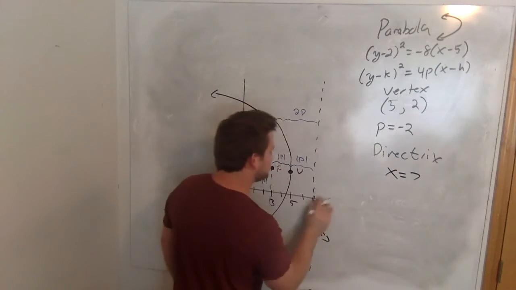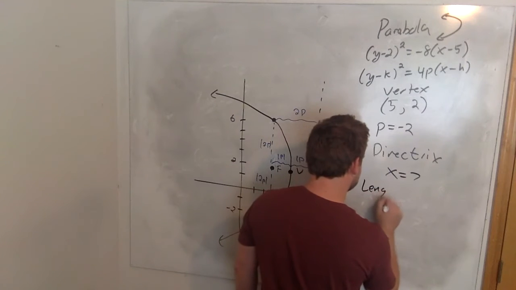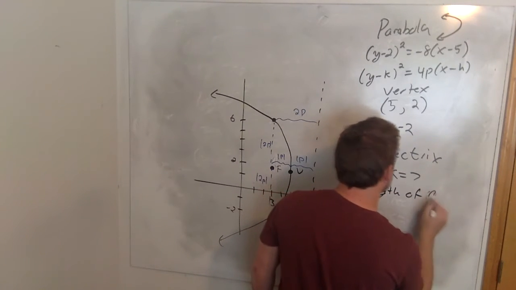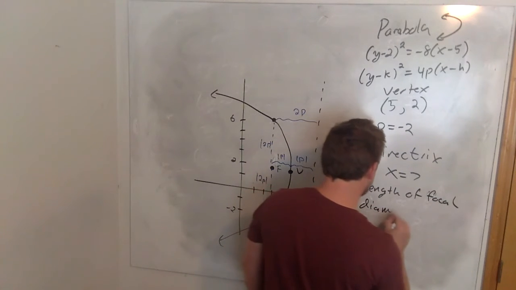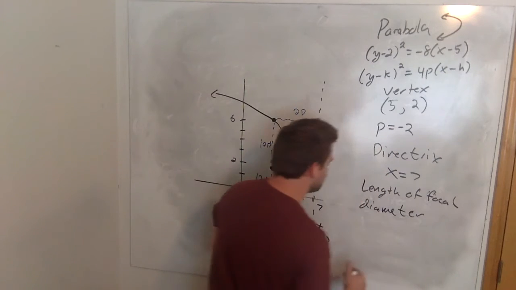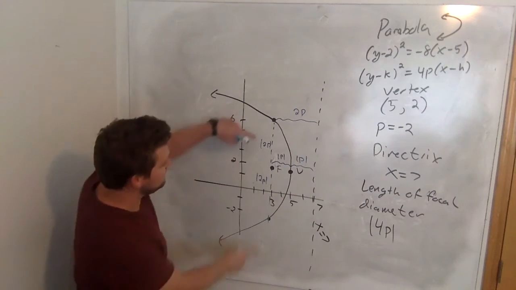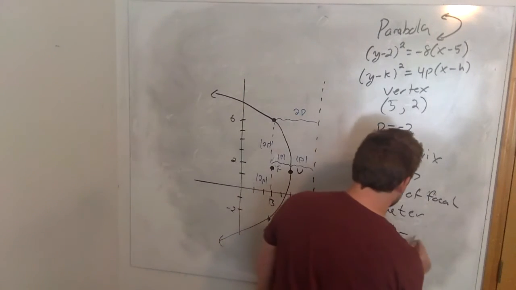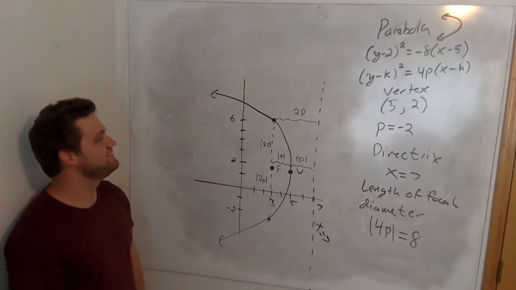And the length of the focal diameter is going to be the absolute value of 4p. It's just this physical length here. In this case, it's going to be 8. Okay. And I think that's everything we need to know about this parabola.